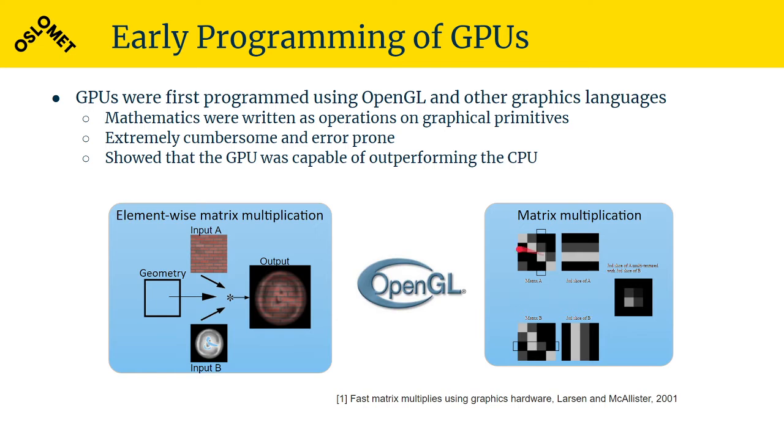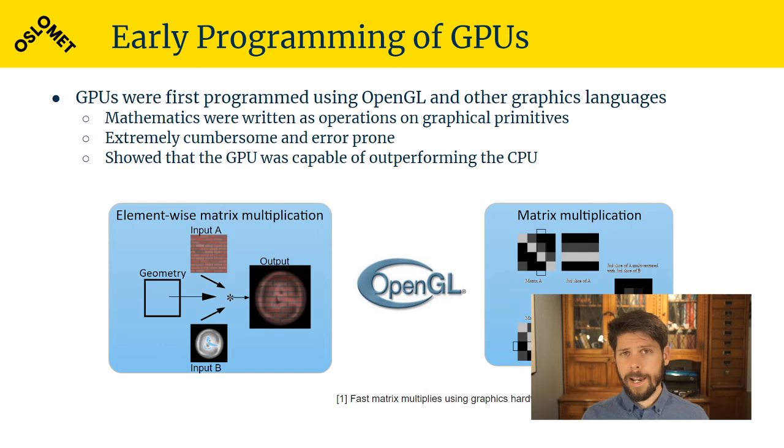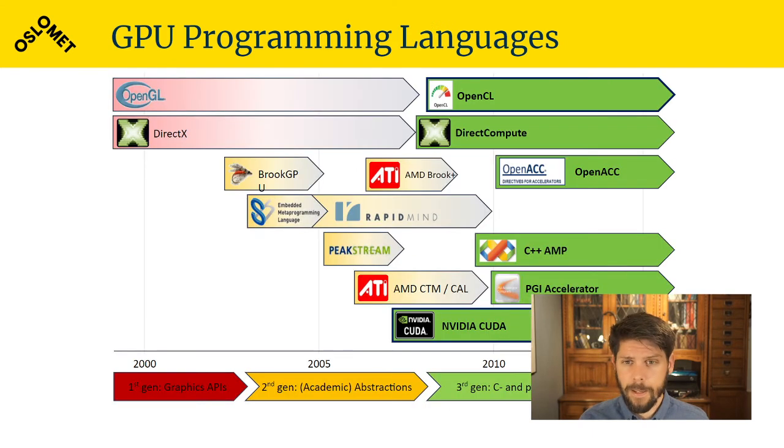I did similar things when I first started working with GPUs. This was a nightmare to work with. You had OpenGL drivers, which were buggy, and you had to rephrase everything as if you were working with graphics. You had to trick the GPU into doing mathematics. It was just a nightmare. Since then, we've had a huge improvement.